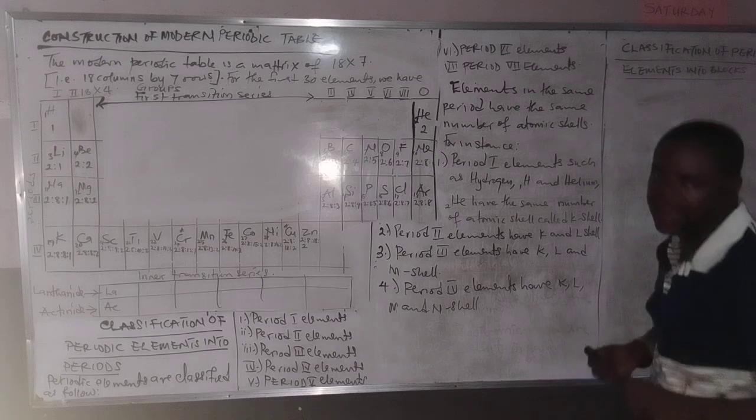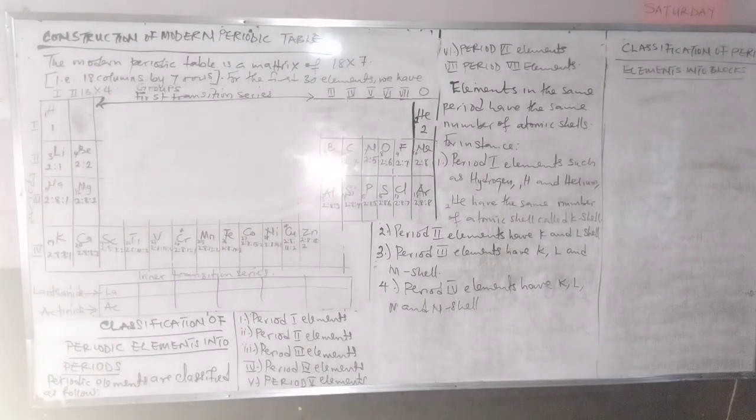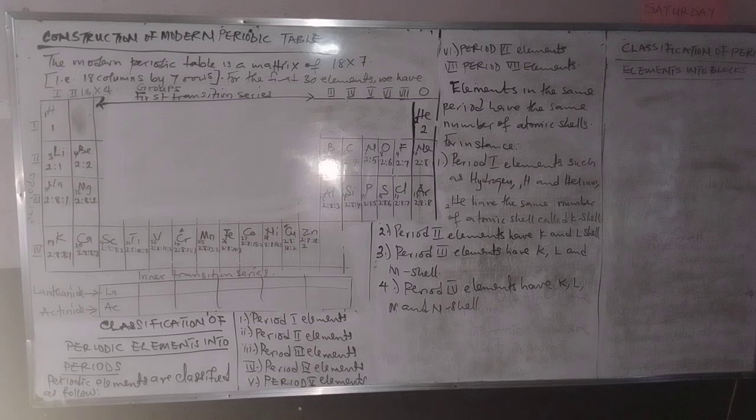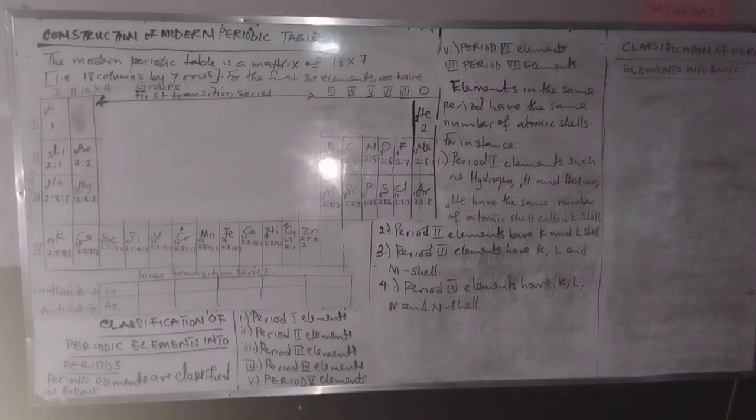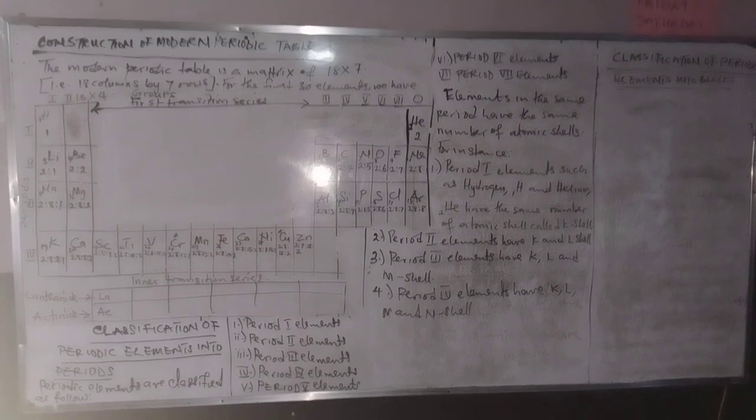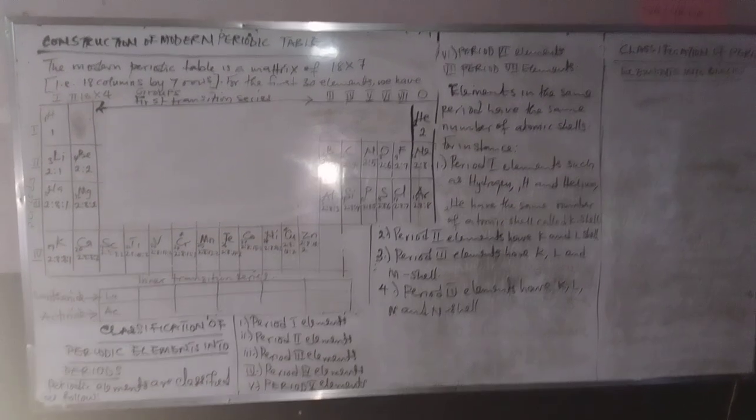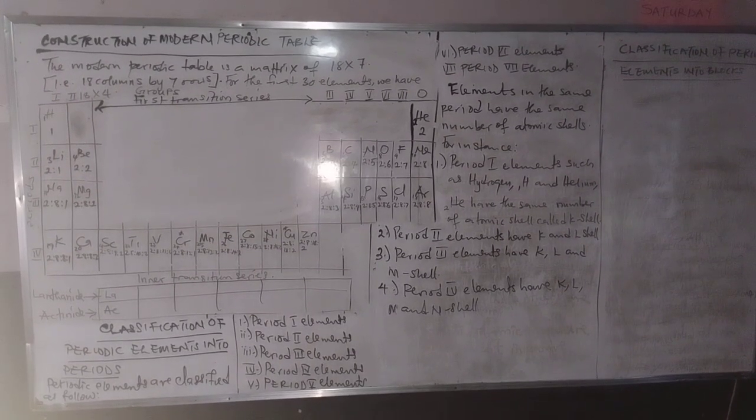When we're talking about classification into blocks, you will see the various types of elements we have. In terms of blocks, we have the SPDF: S block, P block elements, D block elements, and F block elements.